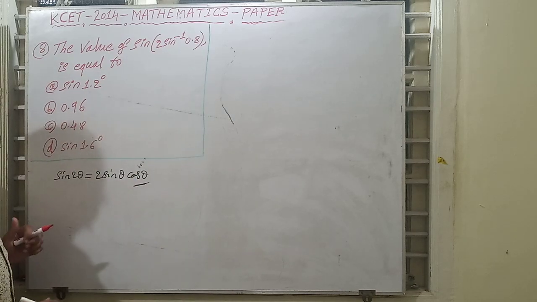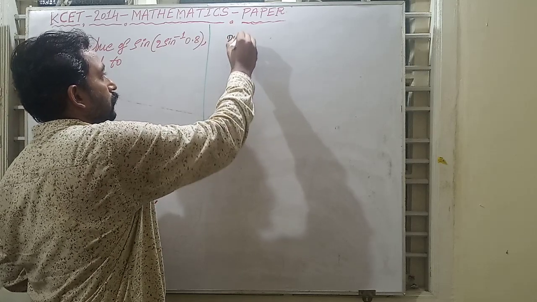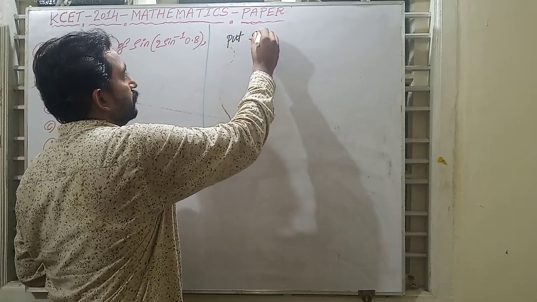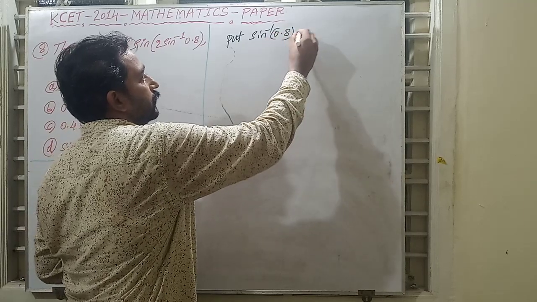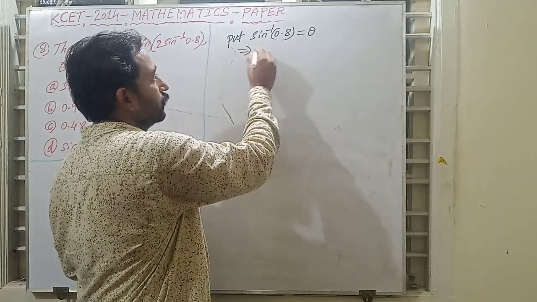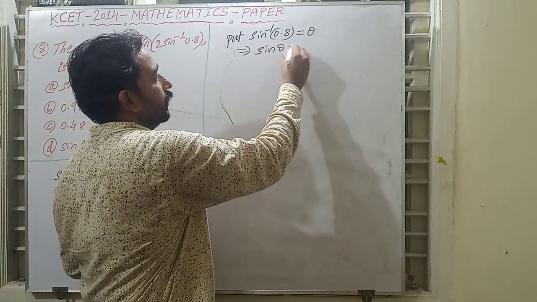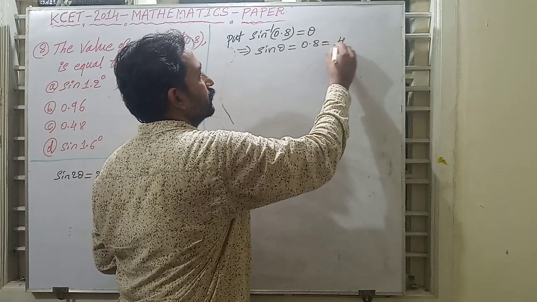So according to the substitution method, put sin inverse of 0.8 equal to theta, so we get sin theta equal to 0.8. 0.8 can be written as 4 by 5.